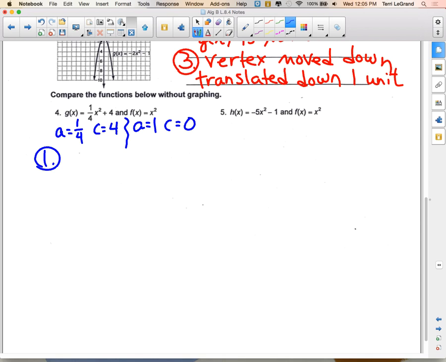Two things, the first two things you compare have to do with their A value. So what's one of the things we're going to say? Both open up. They both have positive A values. So both open up. We don't even have to put them on the graph to tell that.